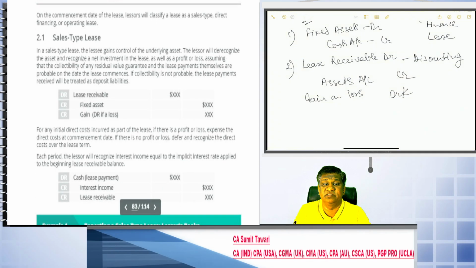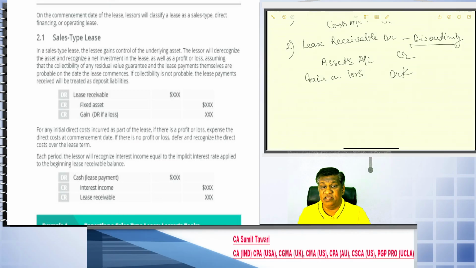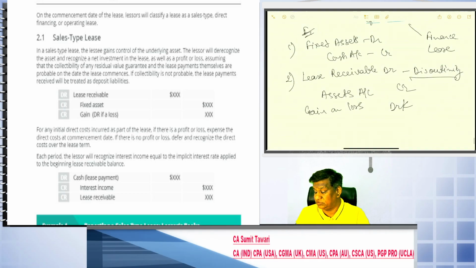It is basically the discounting. When you are getting an EMI lease, you consider first the fixed asset debit, cash account credit, then lease receivable debit at the discounting factor, asset account credit, and then whatever the difference is goes to the gain or loss.